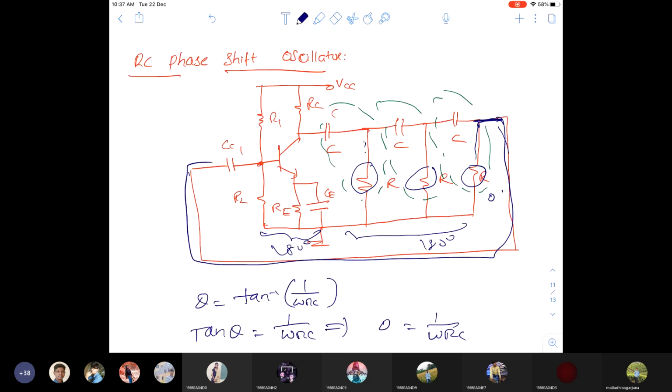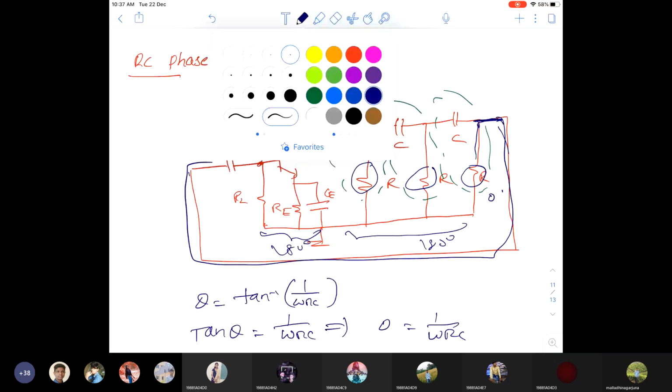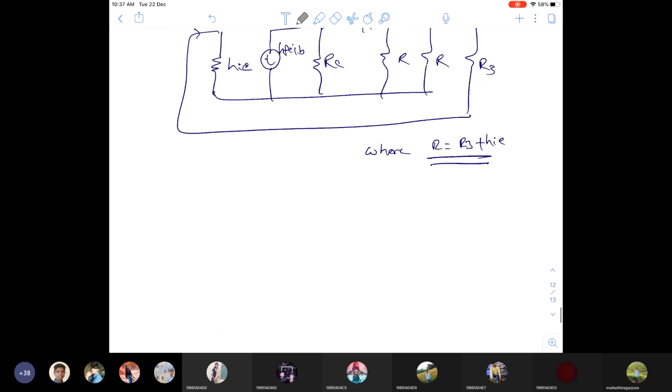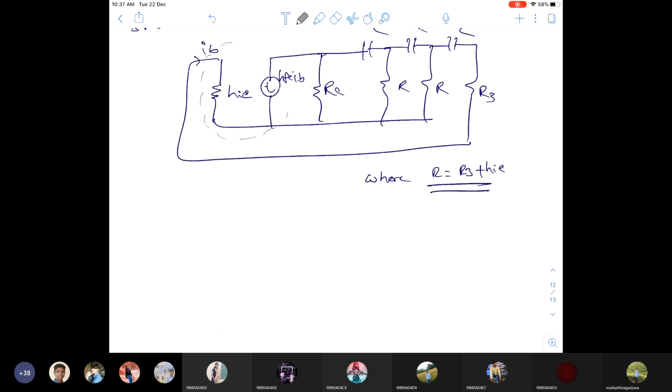In the place of the CE amplifier, we replace it with the simplified H parameter model. So that is the simplified H parameter model.